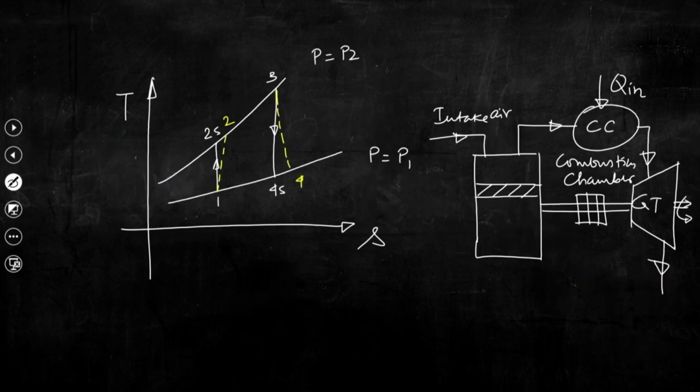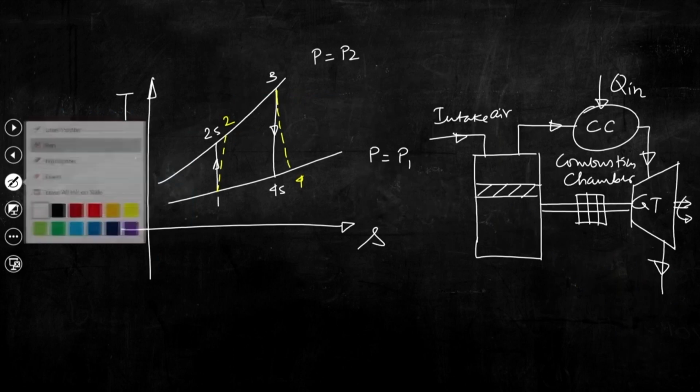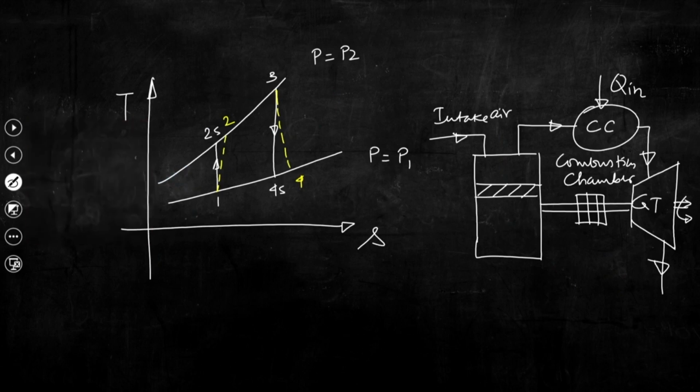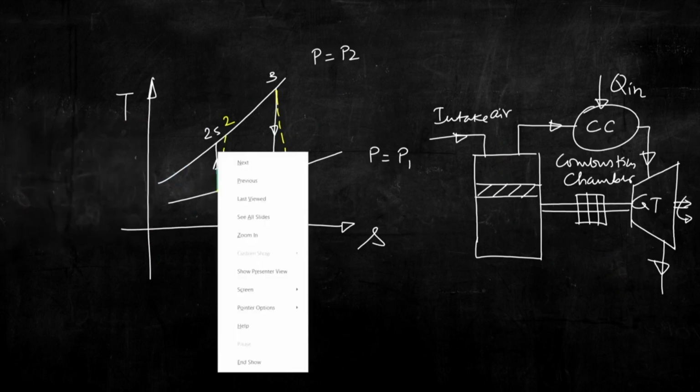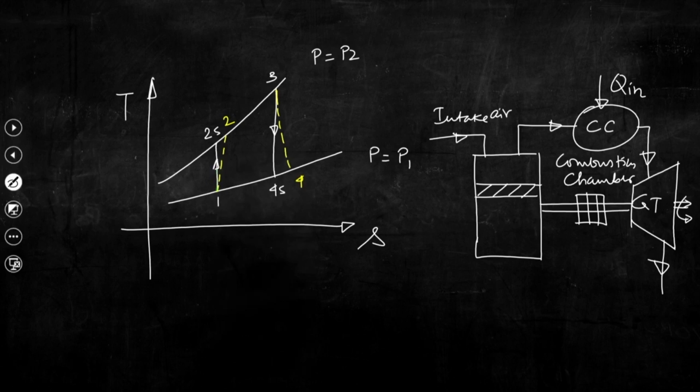So, what we can do? We can assume that this compression will be there up to an intermediate pressure, and we really do not know, let us assume this is the intermediate pressure.